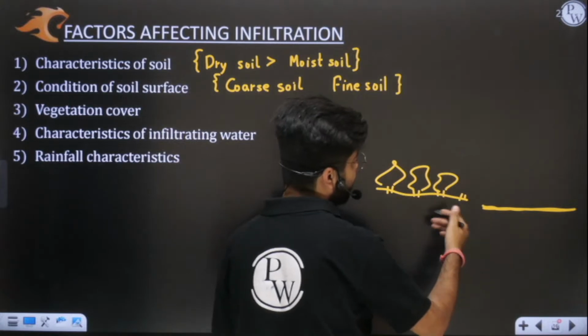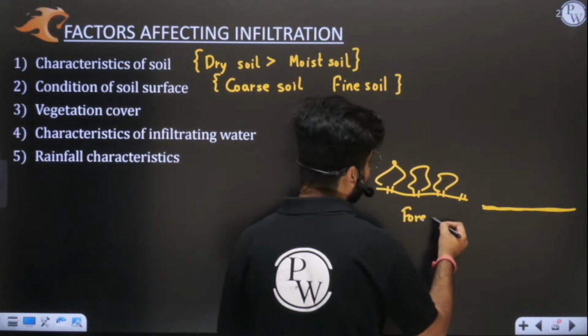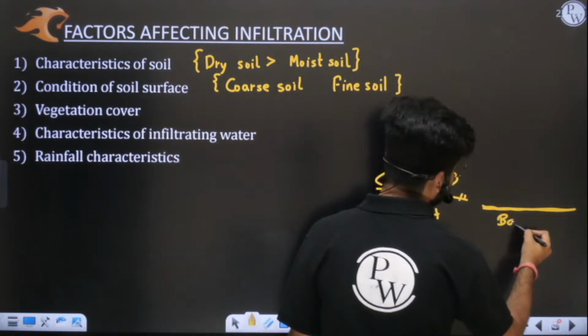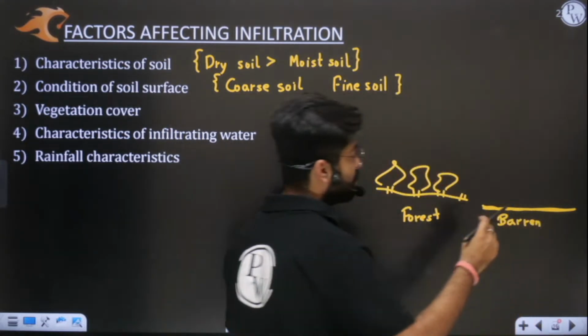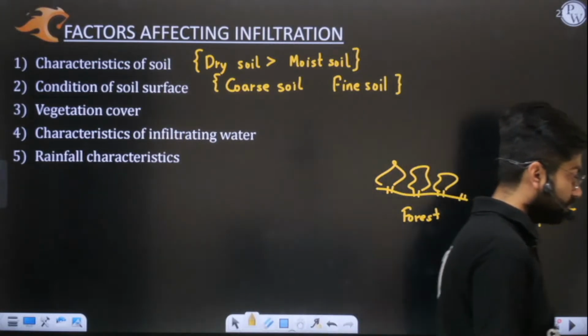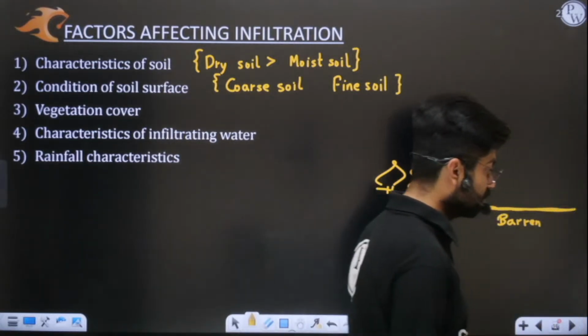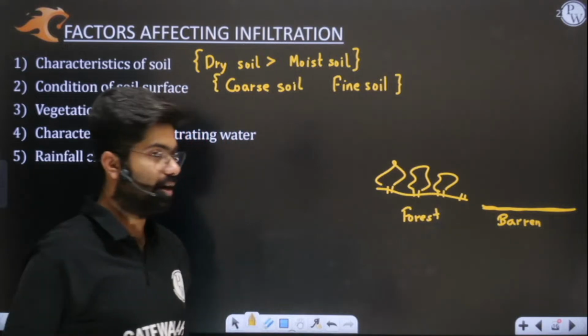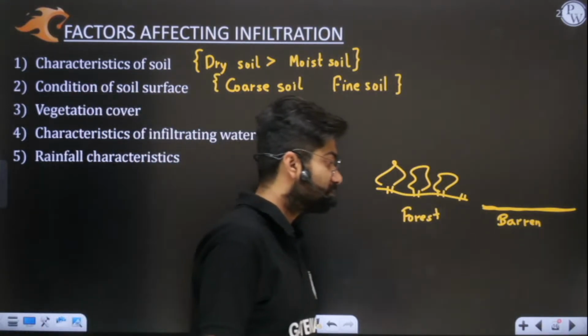So tell me which will experience, let me write here forest area and let me write barren land here. So tell me which will experience more infiltration. Let me see what answer you give. Sushil is saying the area with plants will experience more infiltration.